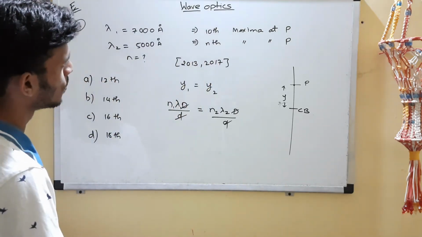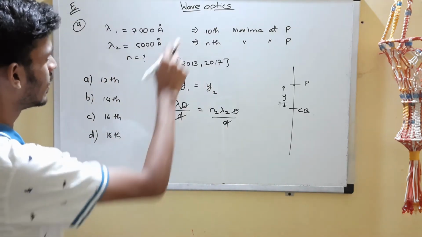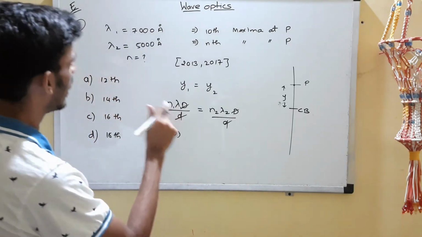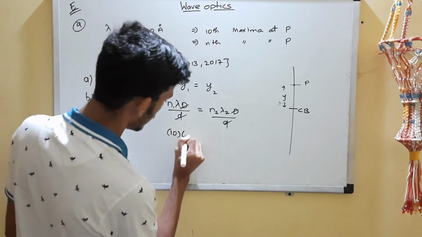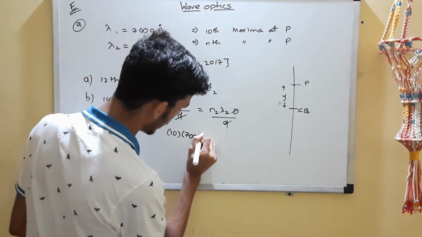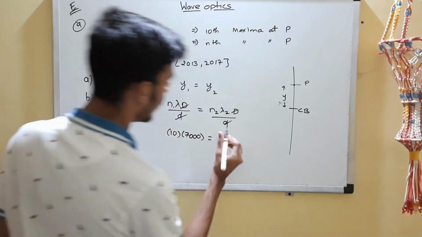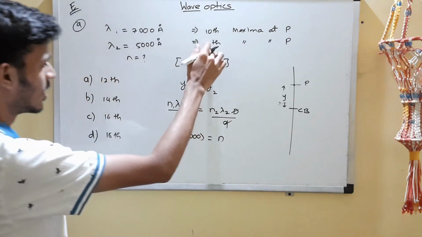Now what are we supposed to find? n2. n1 we know, we have the 10th maxima, and lambda 1 for that is 7000 angstroms. I'll keep everything in angstroms; on both sides it will get cancelled. We are supposed to find n2, which is n.